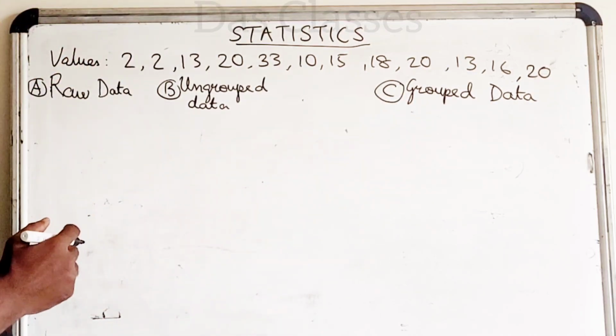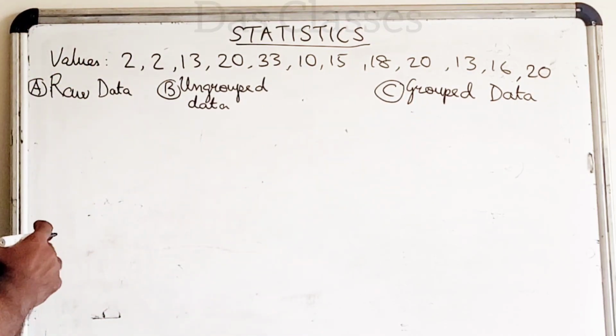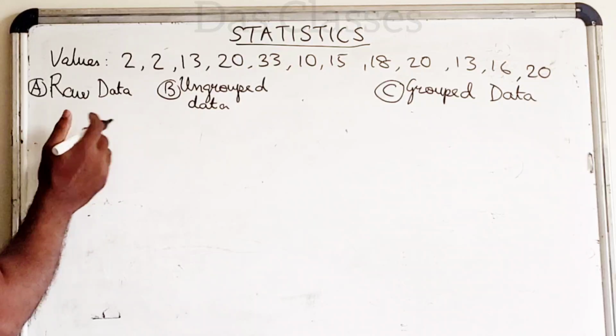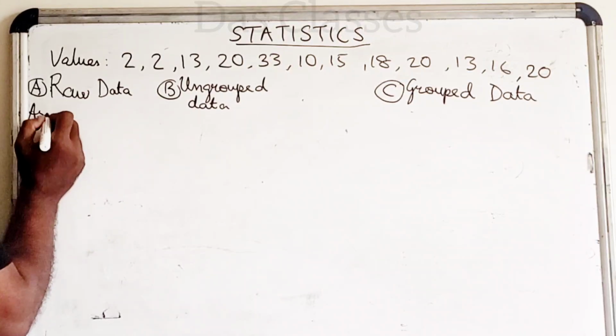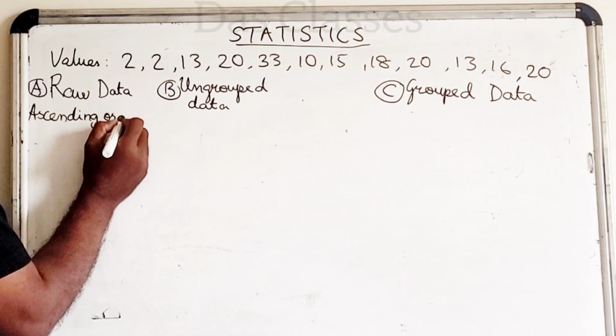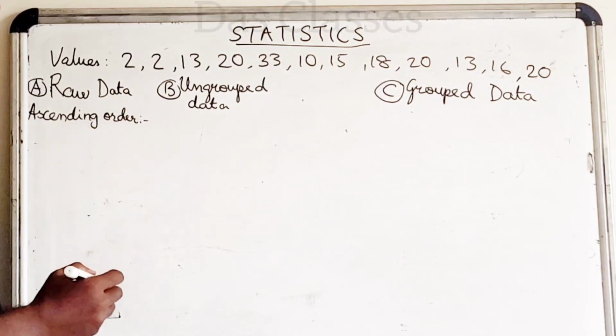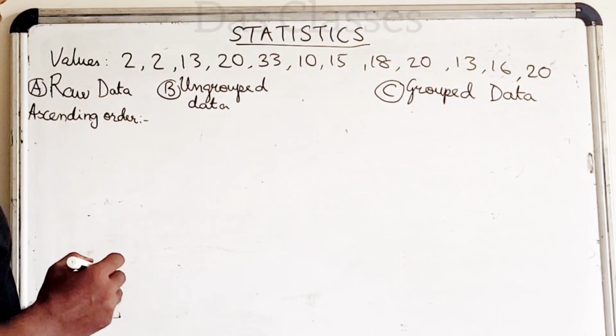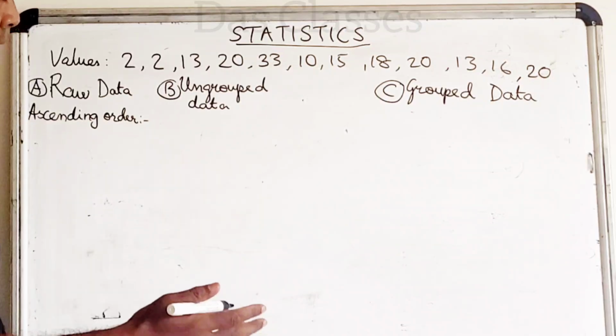Beginning with raw data, whenever we want to write the information in the form of raw data, it can be written in ascending order or descending order. We'll prefer the ascending order, so we write from the smallest value to the largest value.